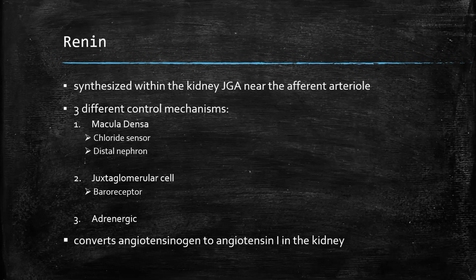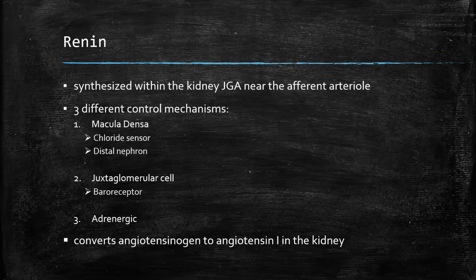And so if chloride concentrations are decreased, renin is stimulated to be secreted. The juxtaglomerular cell functions as a baroreceptor. And so if blood pressure is down or circulating volume is down, renin will be secreted. And lastly, renin is directly under the influence of epinephrine. And so if epinephrine is high, renin will be secreted.